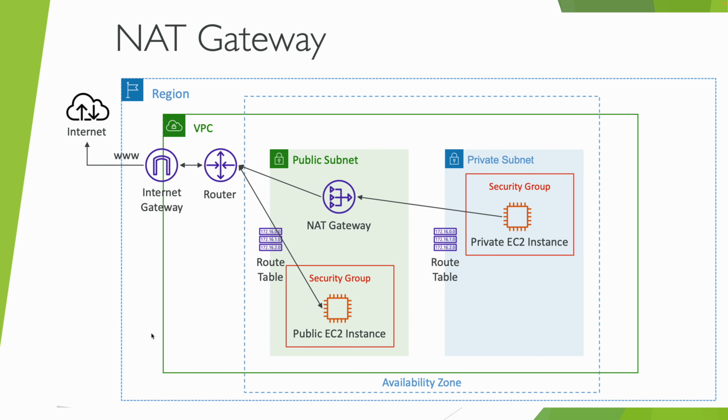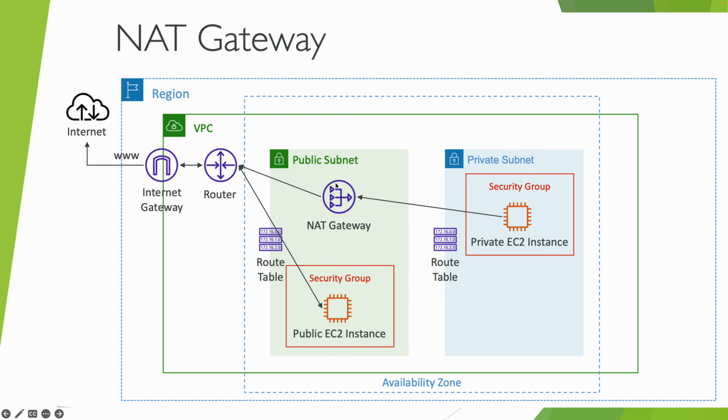Now we'll see how this works. Here we have a VPC, and inside the VPC we have public and private subnets. Inside the public subnet, we have some public instances and a NAT gateway. To connect to the instances in our private subnet, we need to go through the NAT gateway.